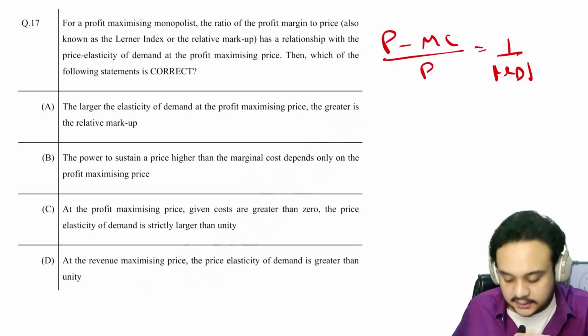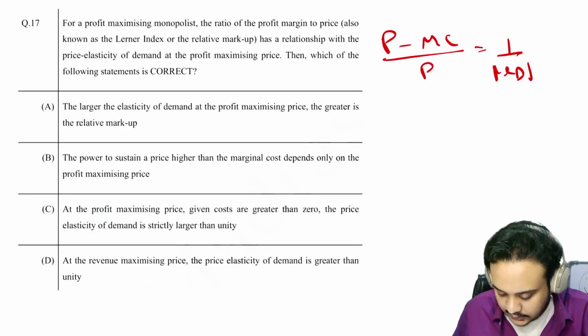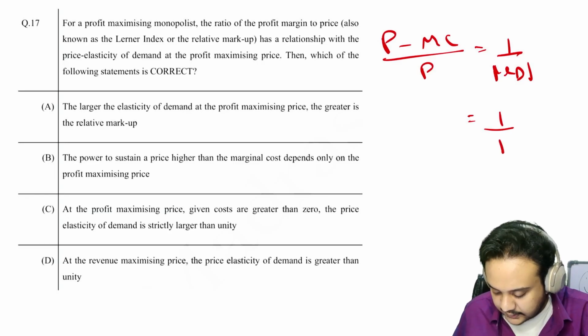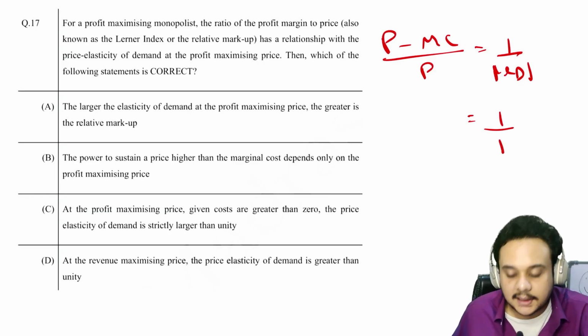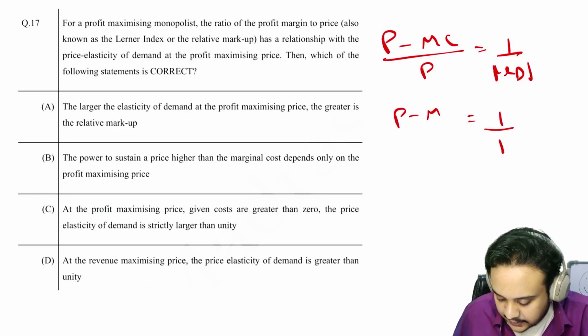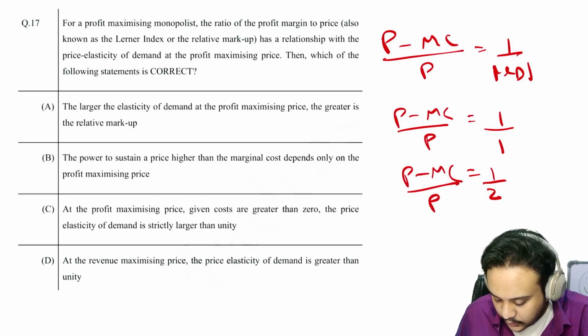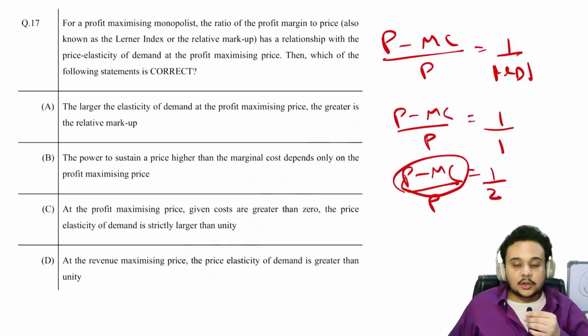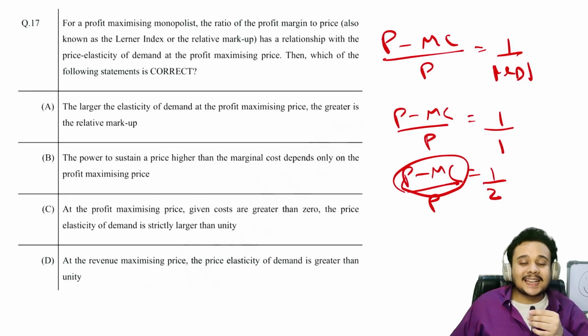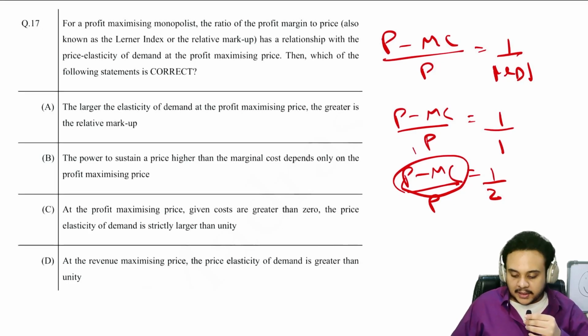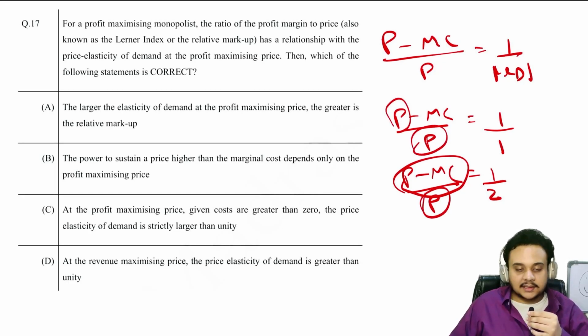Let us take a small example. Let us just say that first the price elasticity of demand is just 1, so we will say P minus MC upon P. Now if the price elasticity increases to 2, what will you say about this part? Only the numerator. You will say that the marginal cost has increased, because price is the same.